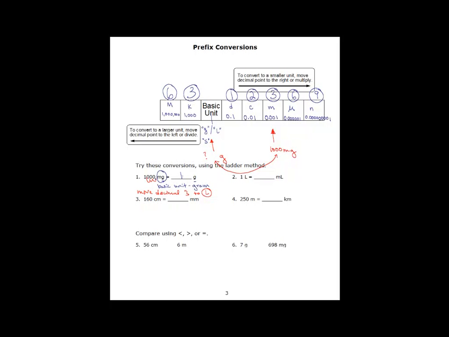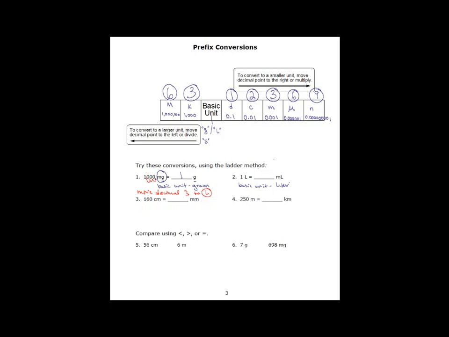Okay. Now let's try going the other way. So I'm going to erase what I just wrote so it's not confusing. Okay. And number 2, the basic unit is the liter. So remember, the basic unit can be anything. It's whatever you're measuring.